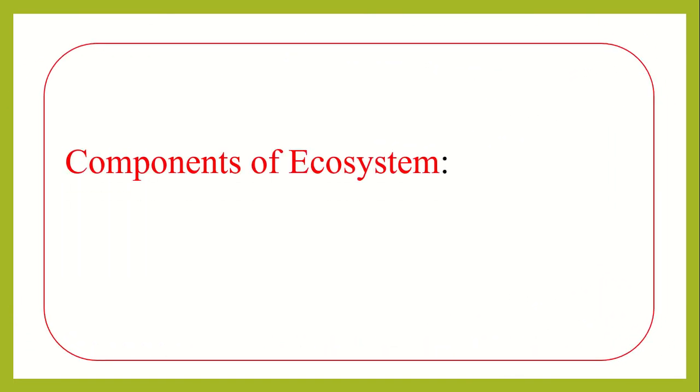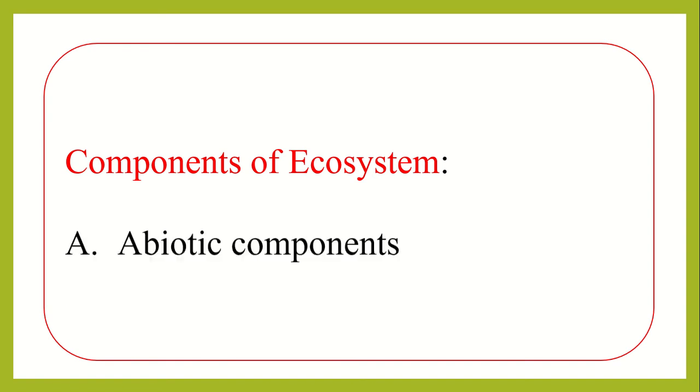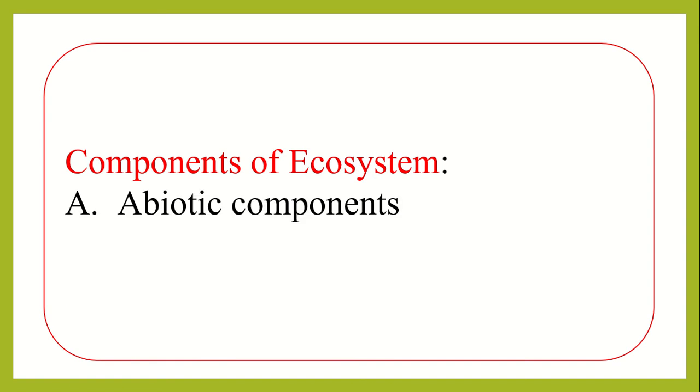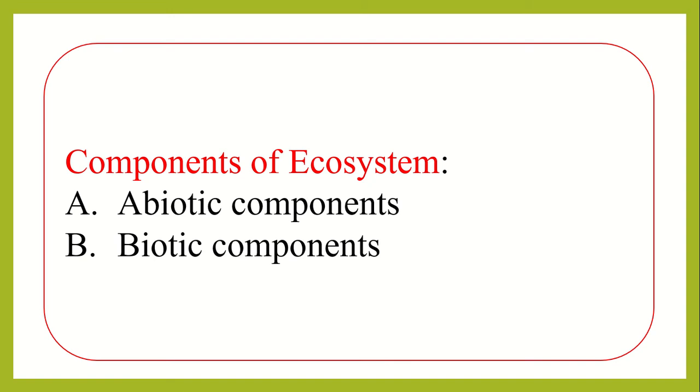Components of ecosystem or elements of ecosystem. Number 1, abiotic components. Number 2, biotic components. Abiotic components means non-living things of ecosystem or environment. Biotic components means living organisms, it may be plant, animal, bacteria, and so on.